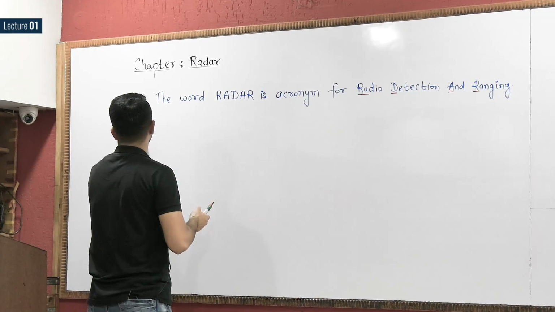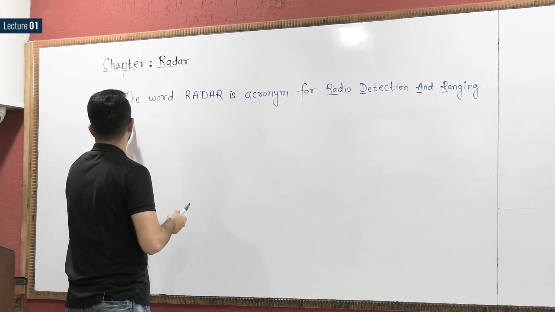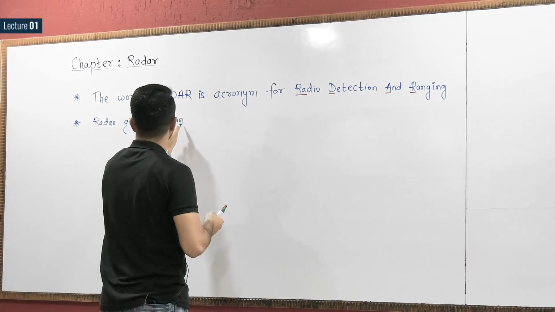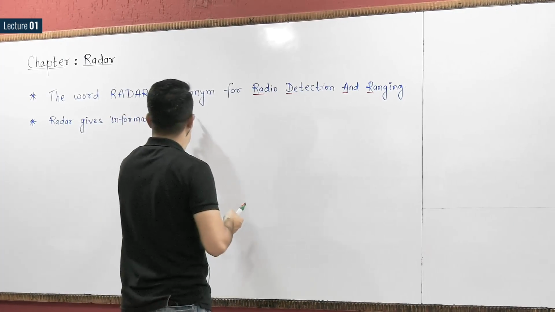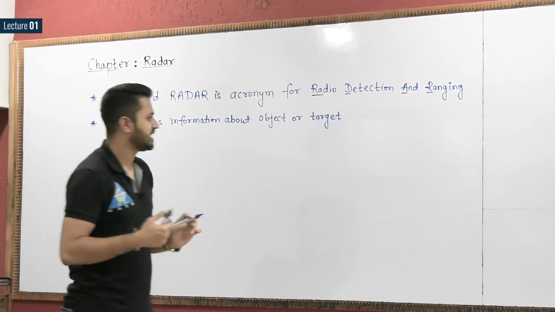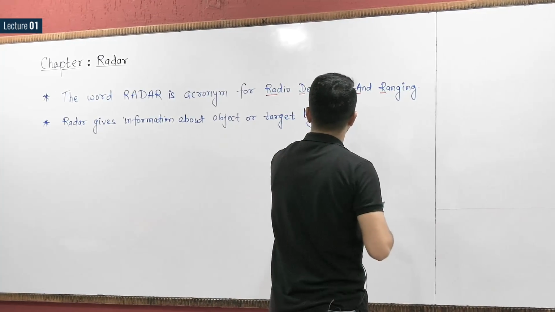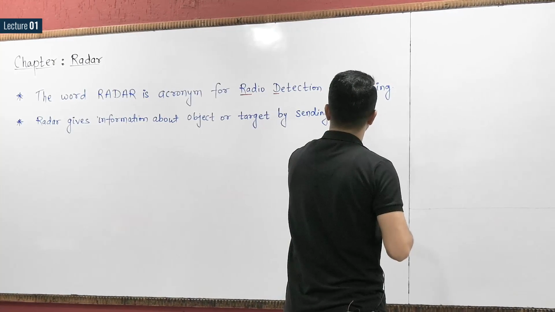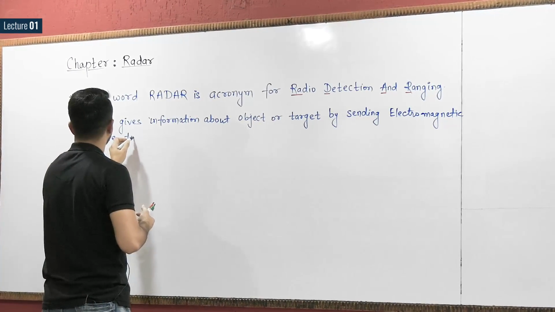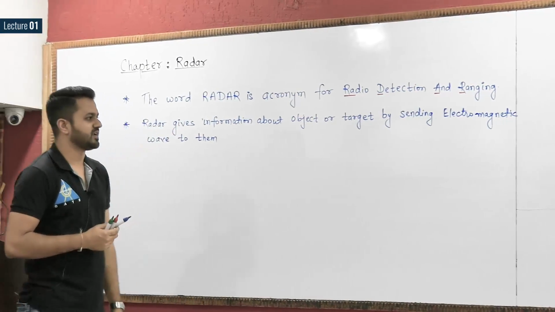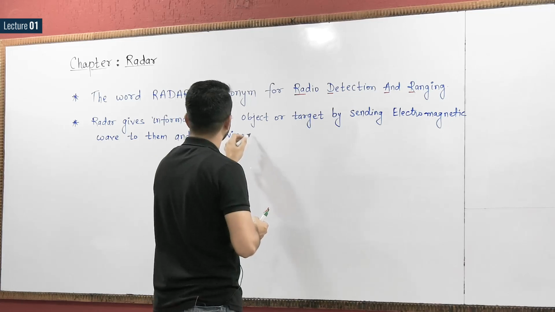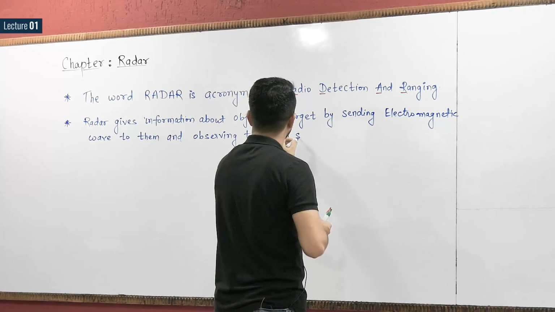Now the second point you can write: radar gives information about the object or target by sending electromagnetic wave to them and observing the echo signal or the return signal.